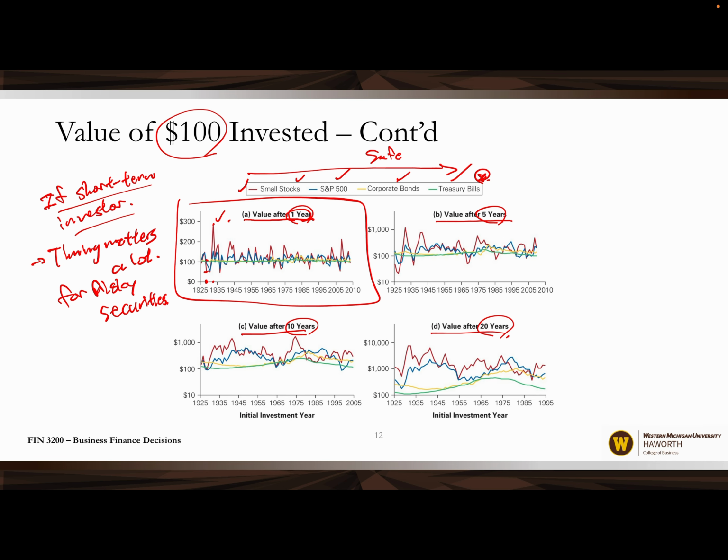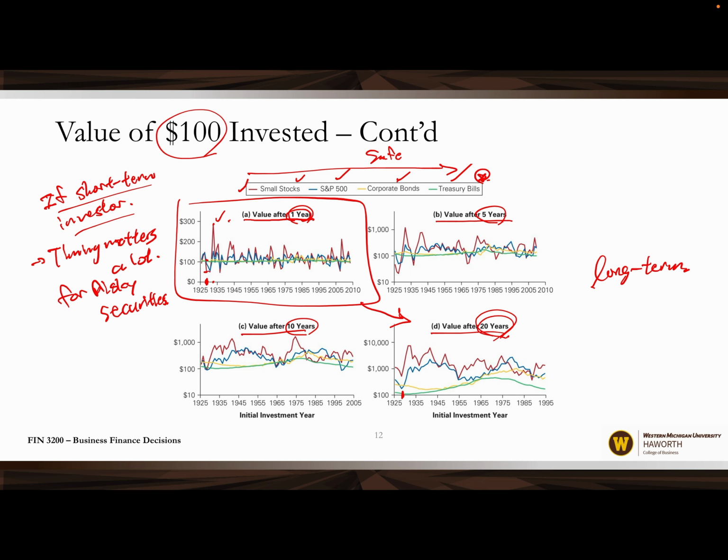Okay, but let's go to value after 20 years. So if you're a long-term investor, you might enter into the market at the worst time period, right before the crash. So here, same entrance point right here, right?